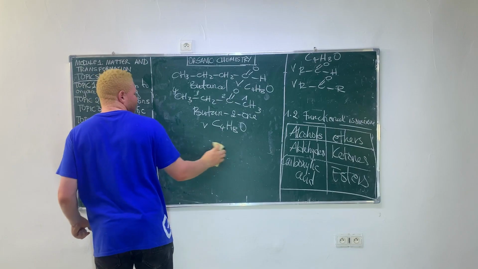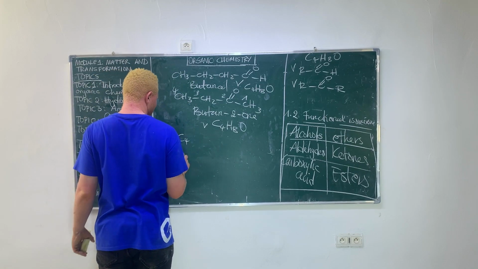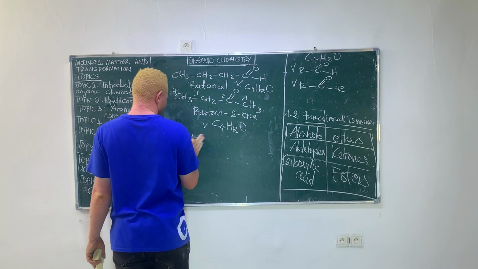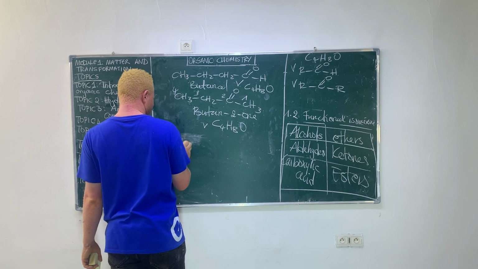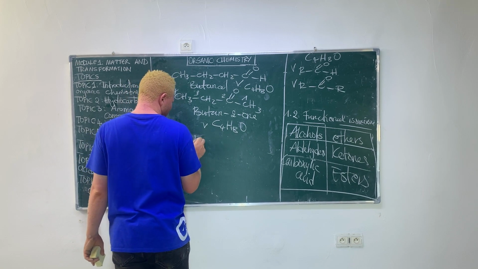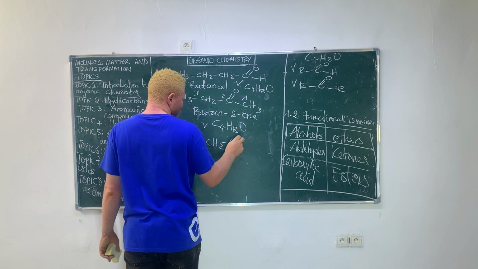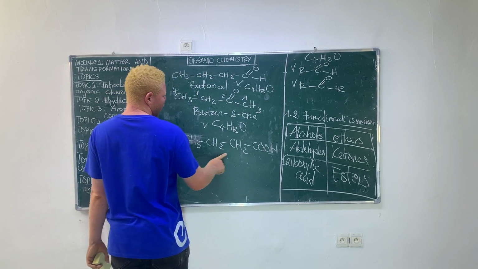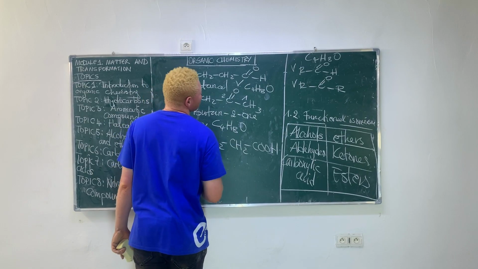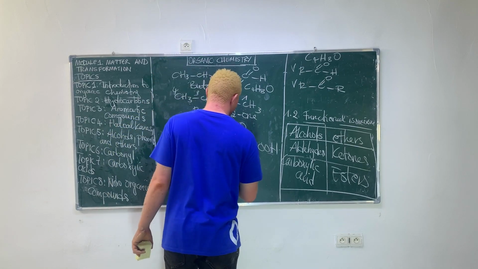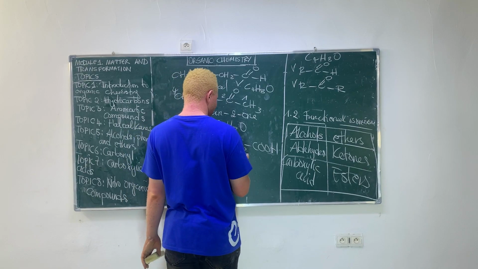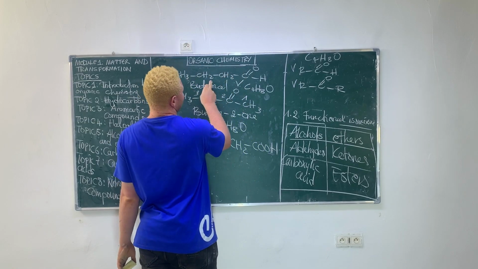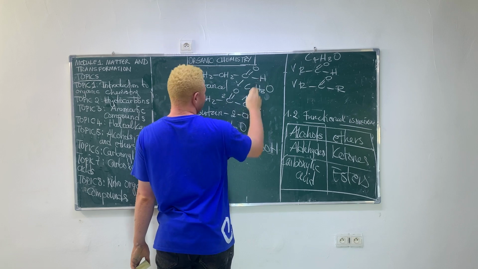So give me the formula, you have C4, CH2 is CH2, CH2 COOH.